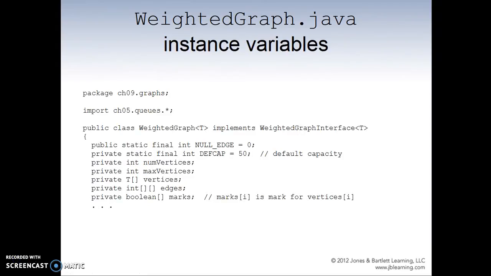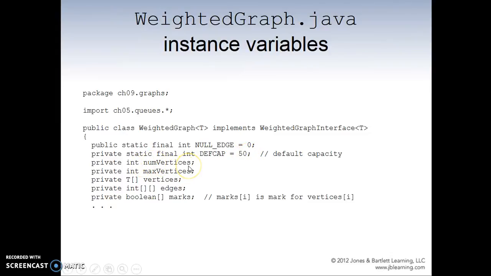Alright, so let's look at the implementation now. We can create a class named WeightedGraph, which implements the WeightedGraph interface using an array. So we just create the null edge equal to 0, which represents no edges between those vertices. The default cap size of the array is 50.